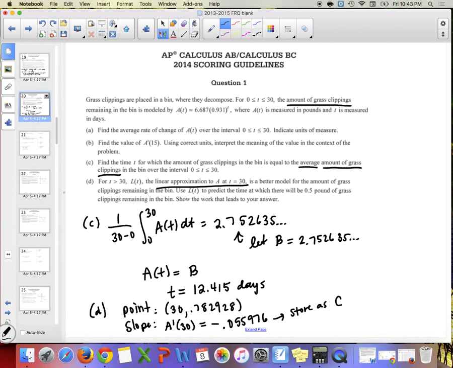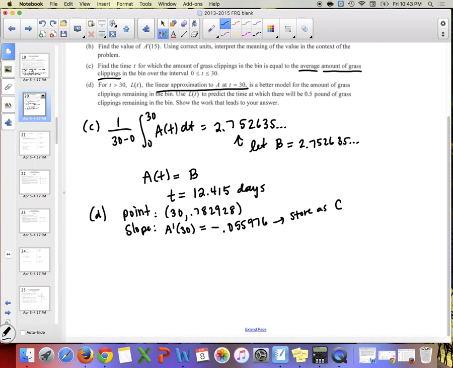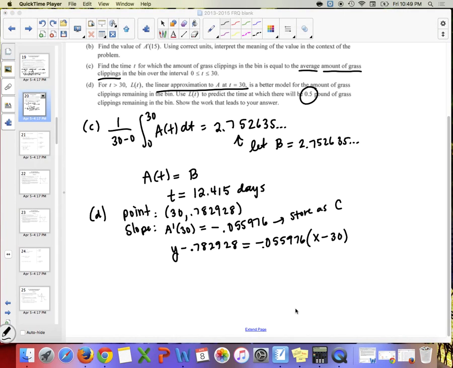All right, and then I write my equation of my tangent line. So I'm going to have y minus y1, and I could be kind of precise and store that value. I could just plug 30 into my original and store it, but I'll shortcut it for now. And then I'm going to have x minus 30 like that. So I'm going to simplify.